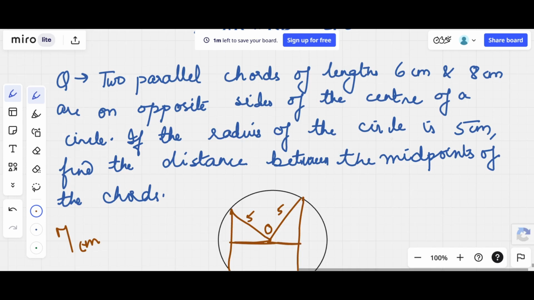Since it's parallel, this line will be a straight line.